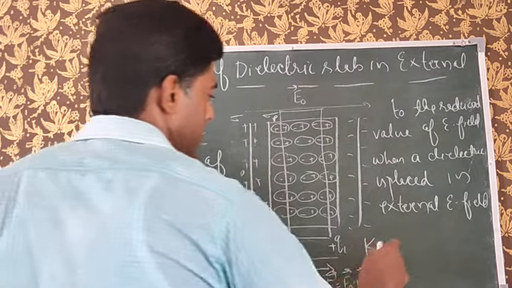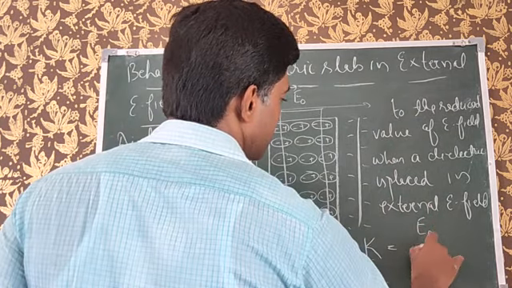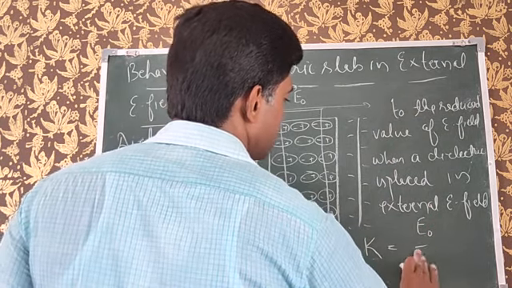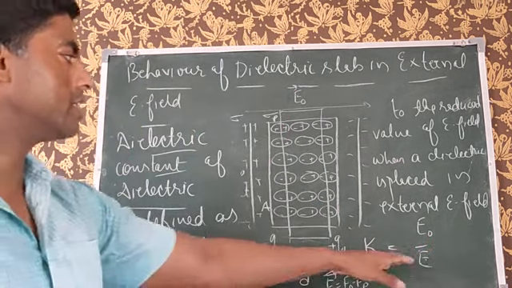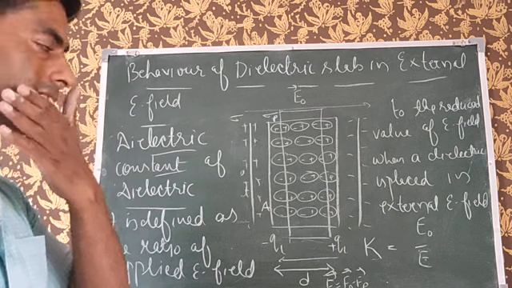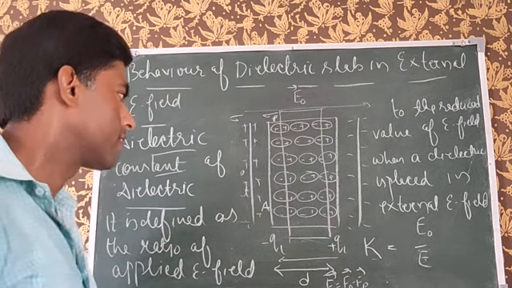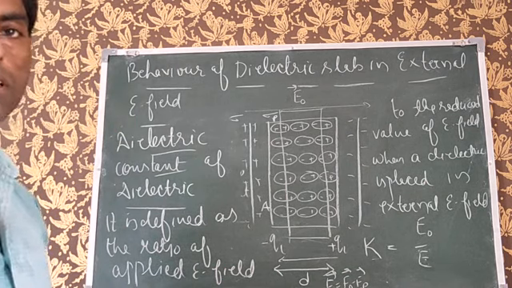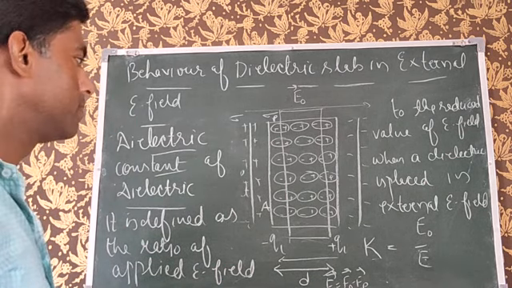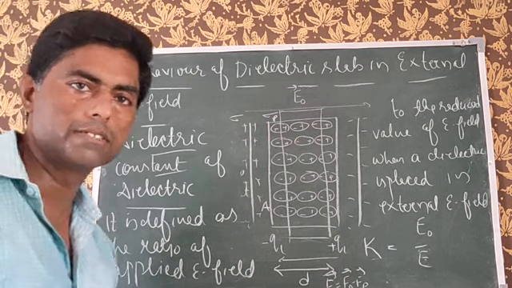So it is the ratio of applied electric field to the reduced value of electric field. What is the reduced value of electric field? It is E. So this is the definition of the dielectric constant of the dielectric.